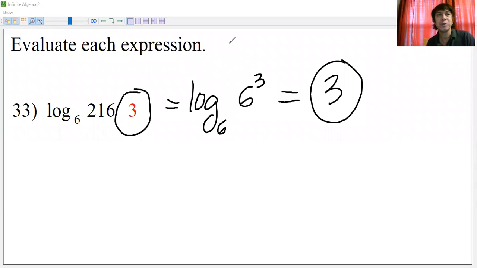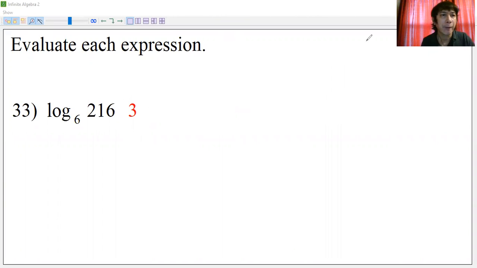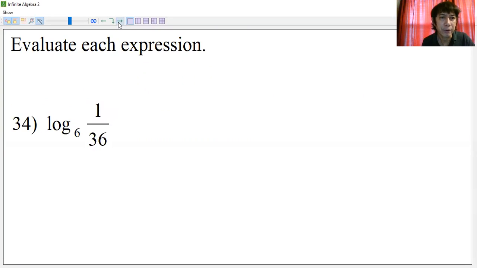All right, let's continue. We clear the board, and we clear the answer, and we proceed to 34. Here is 34. All right, this looks familiar already. Haven't we solved this before? This looks like -2, okay, -2.